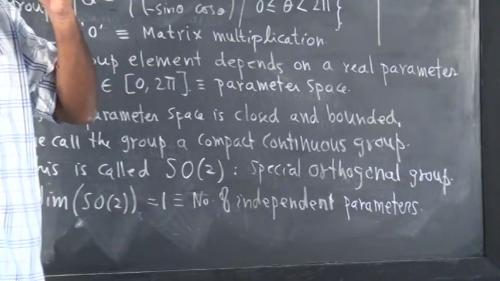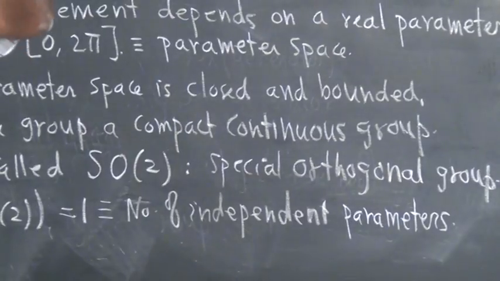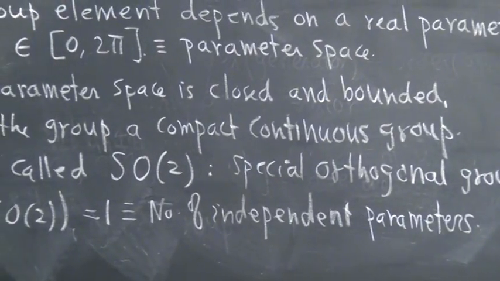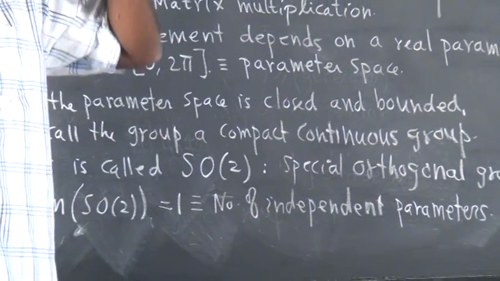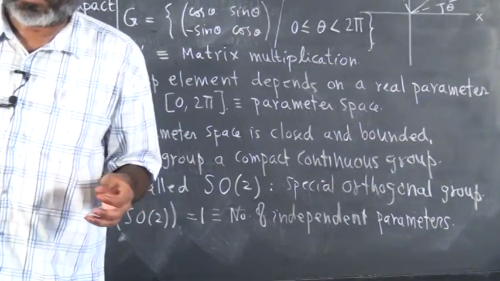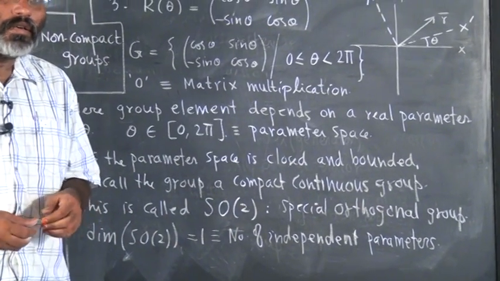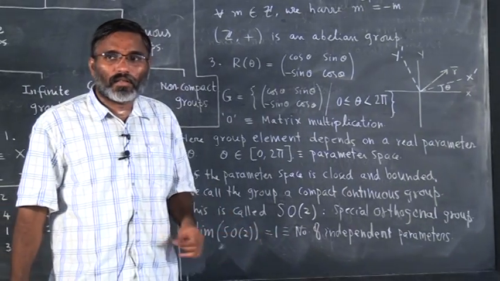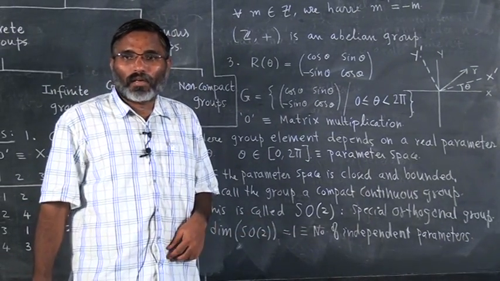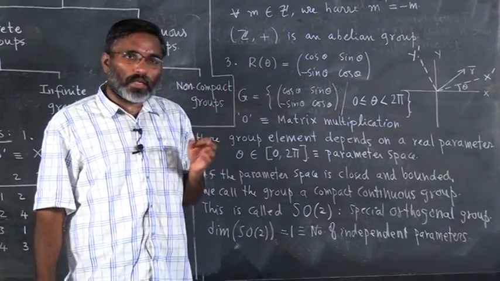Now maybe let me just ask you, some of you may recall, if you take rotations in 3-dimensional space, that is called SO3, what is the dimension of that? How many parameters are there in 3-dimensional space? 3 parameters are there.